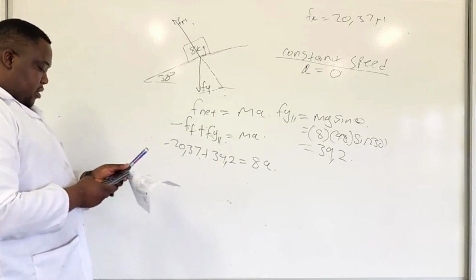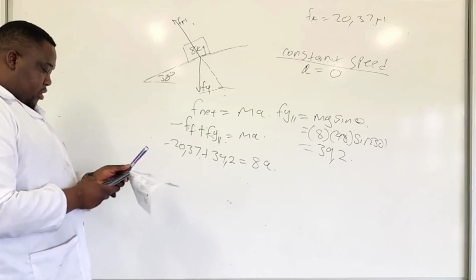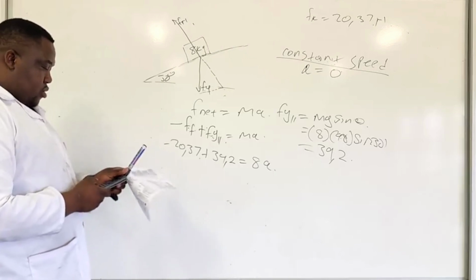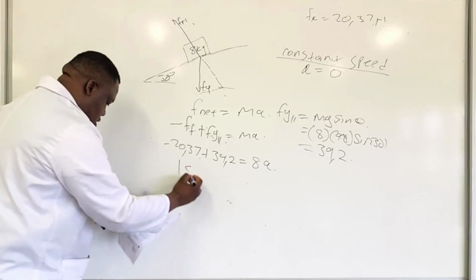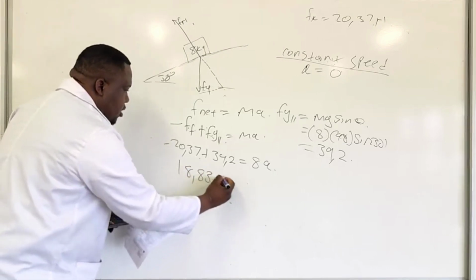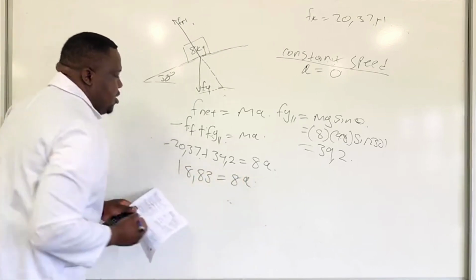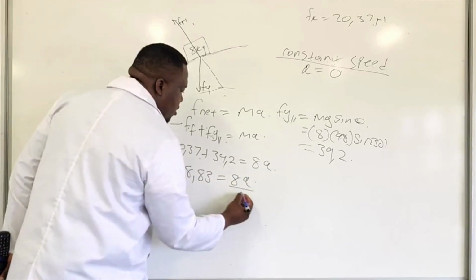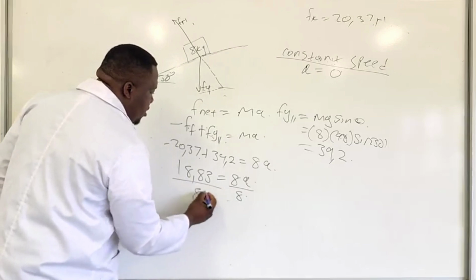We're going to have minus 20,37, subtract 89,2, and get 18,83, which is equal to 8A. Then what do we do? We divide by 8.